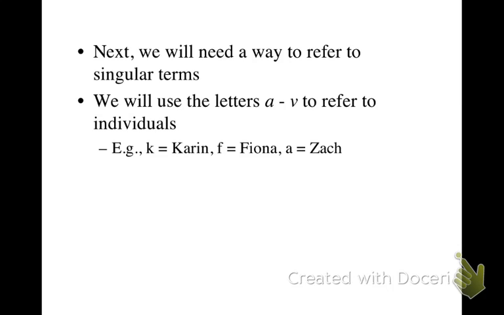So for example, lowercase k stands for Karen, lowercase f stands for Fiona, lowercase a stands for Zach. Now you'll notice that I didn't say lowercase z stands for Zach. That's because we can't use a z, because remember, the letters W, X, Y, and Z are reserved for use as variables. So we can't use it to refer to a singular term.